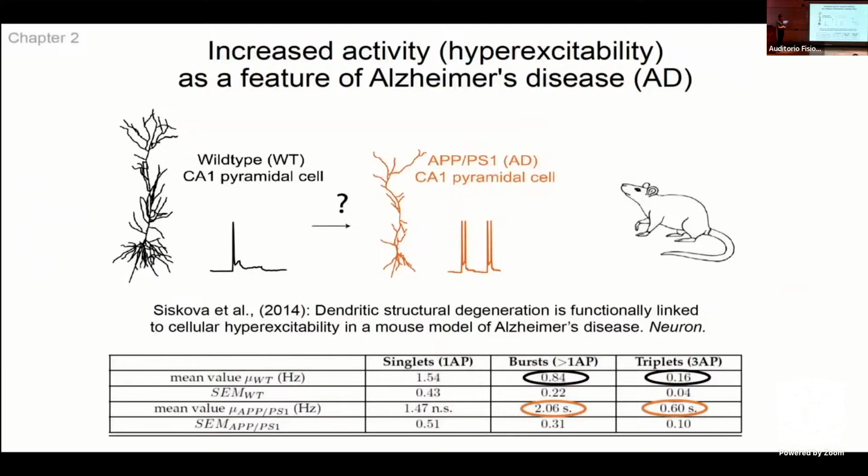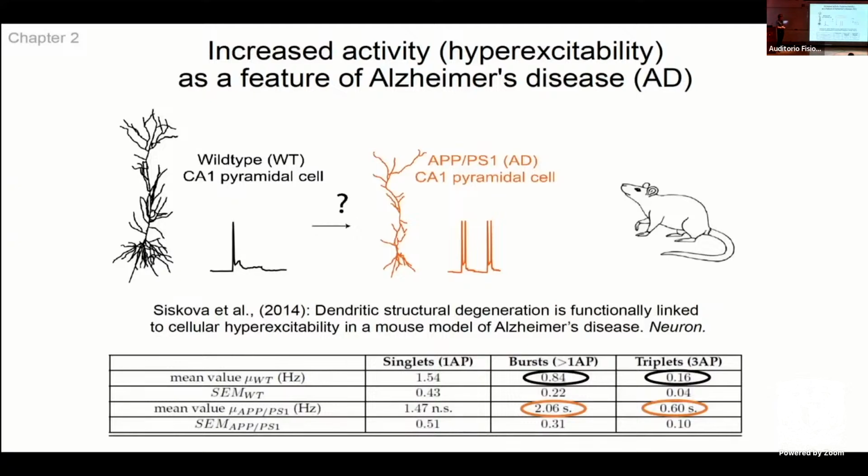These are pyramidal cells from the mouse. The Alzheimer cells have this transgenic mutation of the APP-PS1, which generates amyloid beta protein plaques that are around the AD cells or the cells that are affected by it.